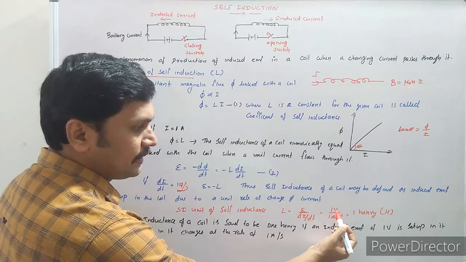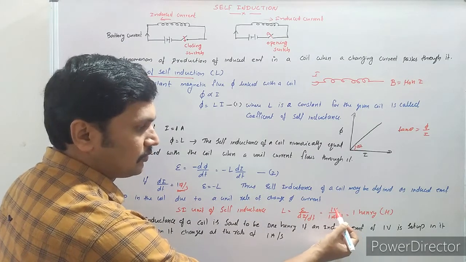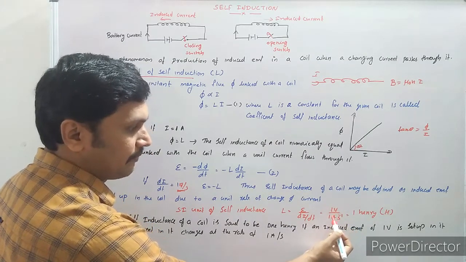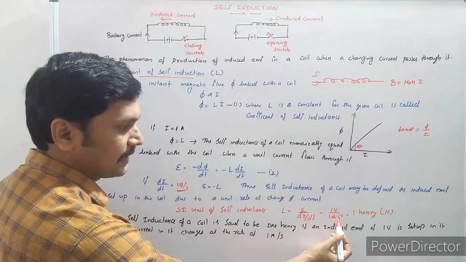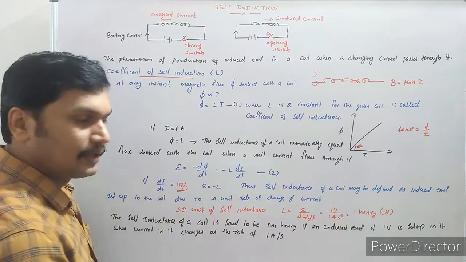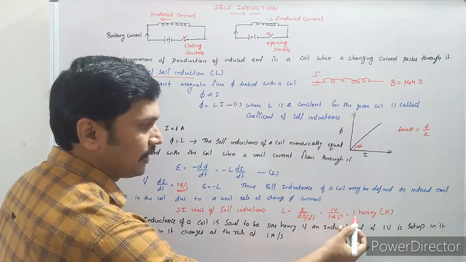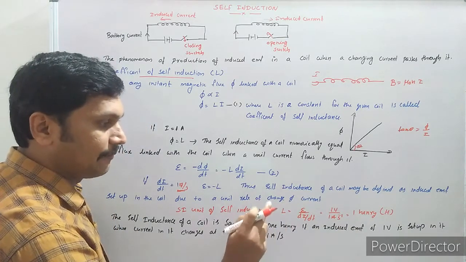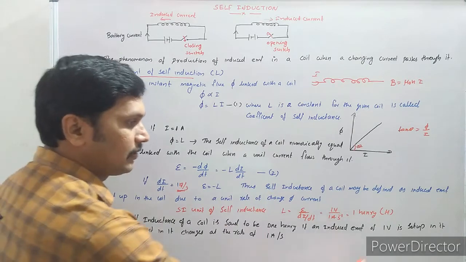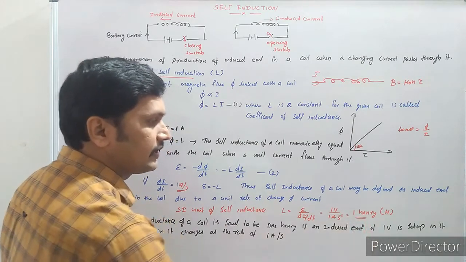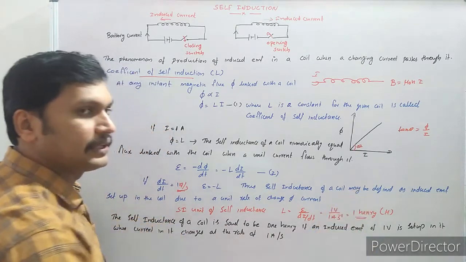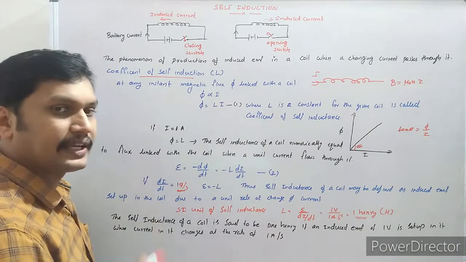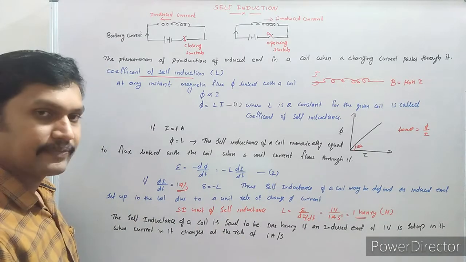So we get 1 volt divided by 1 ampere per second, and this unit is commonly known as Henry. It is denoted by the symbol capital H. Henry is the SI unit of self-inductance.